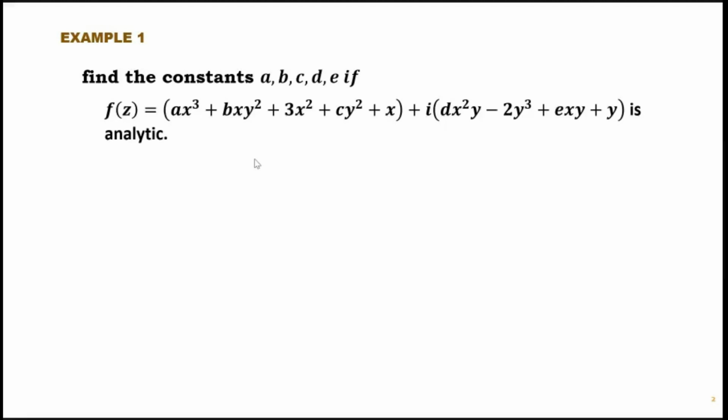So here we have to find the values of the constants if the function is analytic.